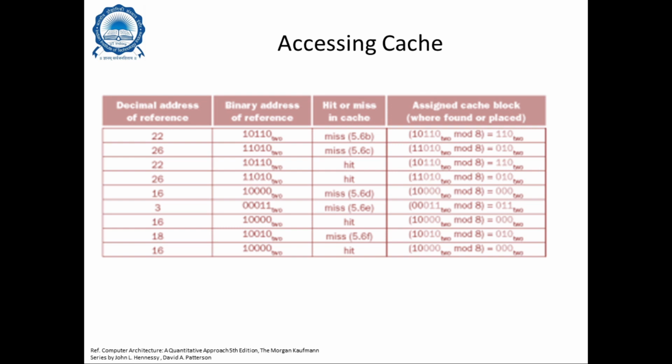The number of entries of the cache is 8. For example, the value of x is 01101, the RAM address I'm talking about here. So x mod 8 gives you the address of the assigned cache block, which is 011, which you see is coincidentally the lower order 3 bits.